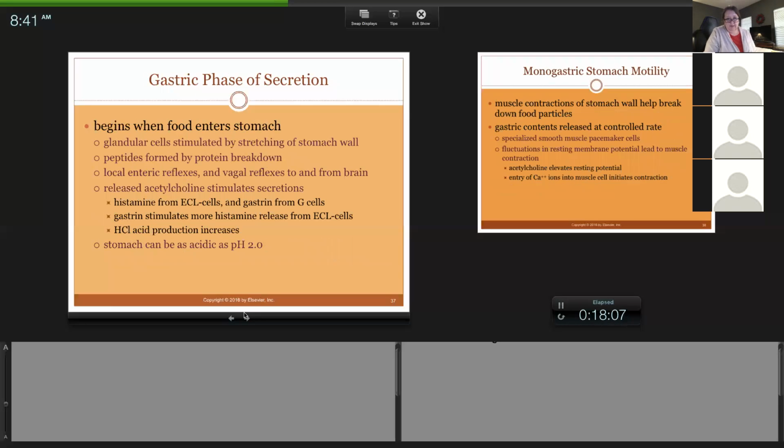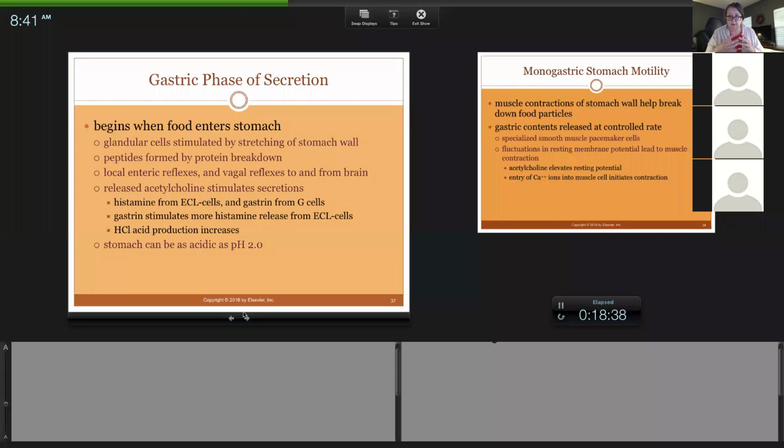Now, obviously, that was all in my brain. When food actually hits the stomach, it's entered, the stomach is going to start to stretch. And when it stretches, it's going to cause those neck cells, chief cells, to begin producing the same thing. We need to produce acid. The peptides are going to be released from protein breakdown.